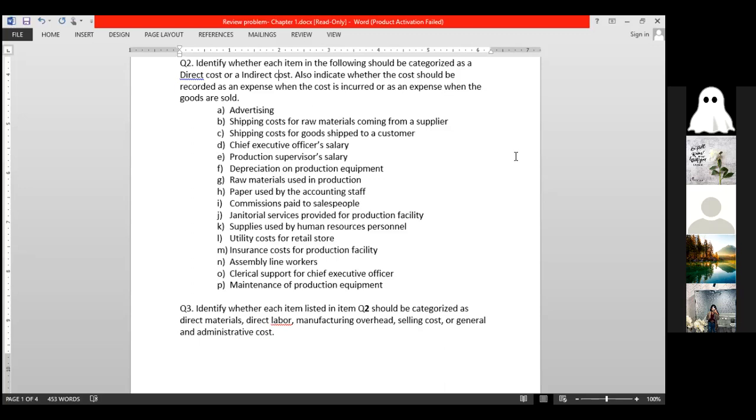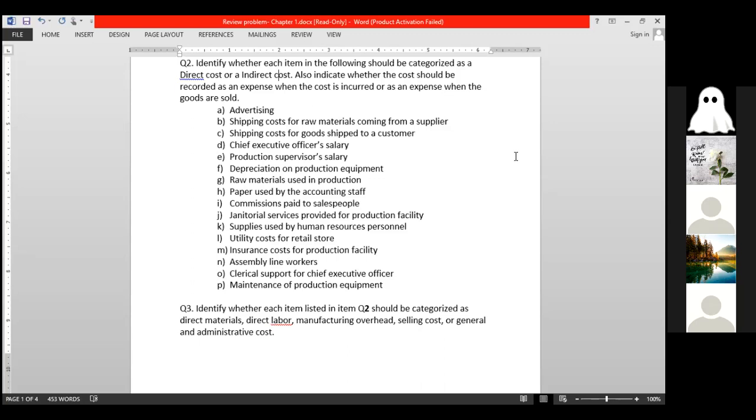Number F, depreciation on production equipment. Direct. Indirect. Okay, yeah, this could be confusing, obviously, because when we made the financial statements, depreciation was in the operating expenses. So we were putting those in indirect, right? But depreciation on production equipment will be a direct cost because it is the equipment used in production.